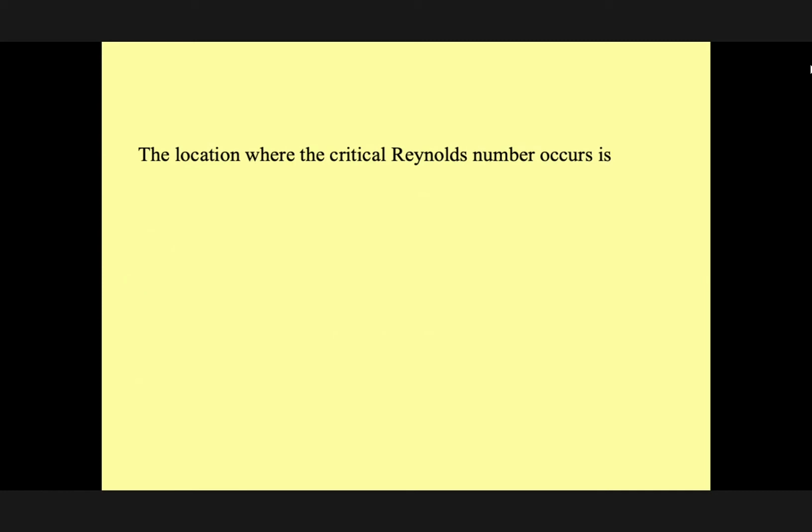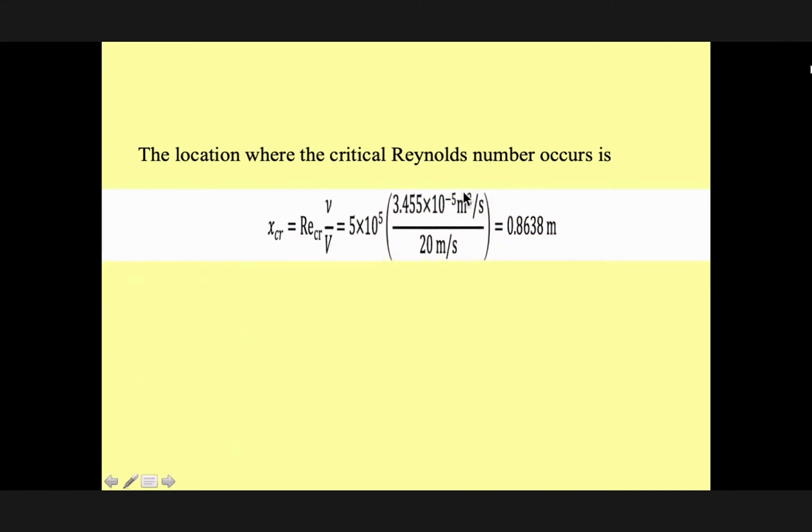And we do not know, for example, at 25 centimeter, if that location is laminar or turbulent. Therefore, we have to calculate the Reynolds number to find out where the transition happens, okay? Therefore, we do the calculation and we find the critical length. The critical length is this one. Therefore, at 86 centimeter, the flow goes from laminar to turbulent.